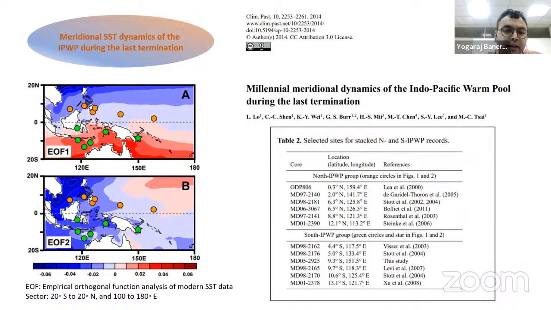And their analysis shows that the geographical equator is actually the thermal equator.